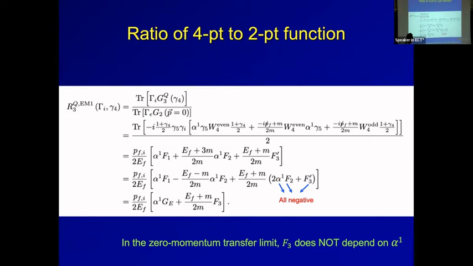It turns out all three of them are negative in our calculations. F2 is negative because we know the neutron electric dipole moment is negative. And the magnetic moment term, 2 alpha 1, is negative in our calculation, and F3 is also negative.